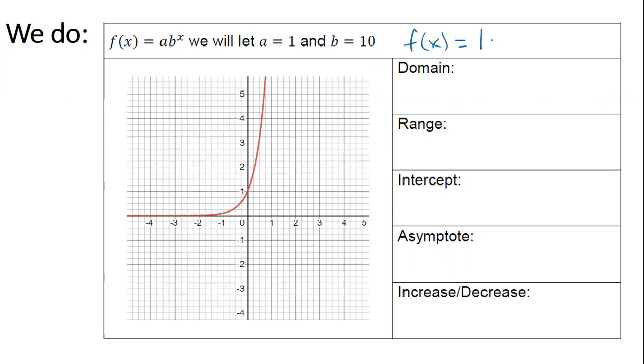So knowing that and looking at this graph, I should be able to identify some key points still. So I still have my asymptote, right? Okay. What should be at -1? What value should be at -1?